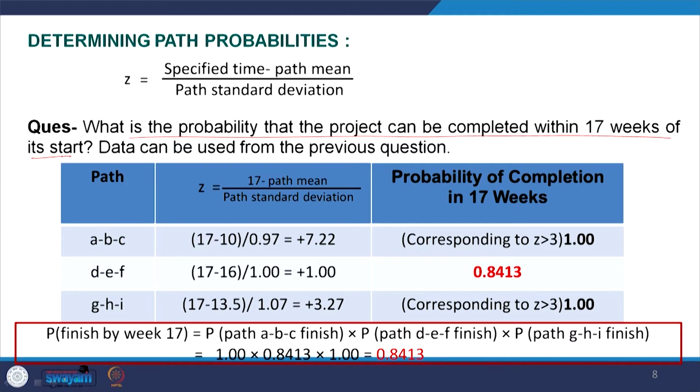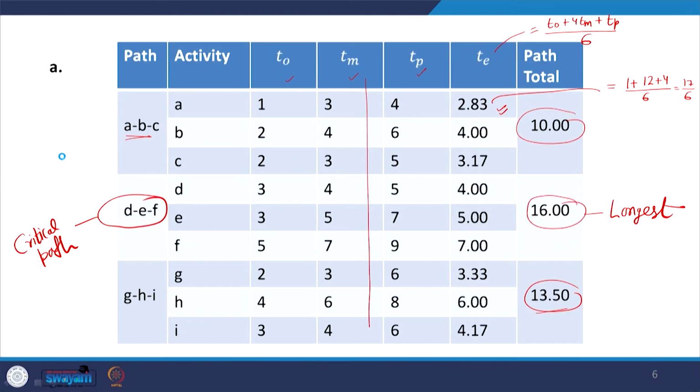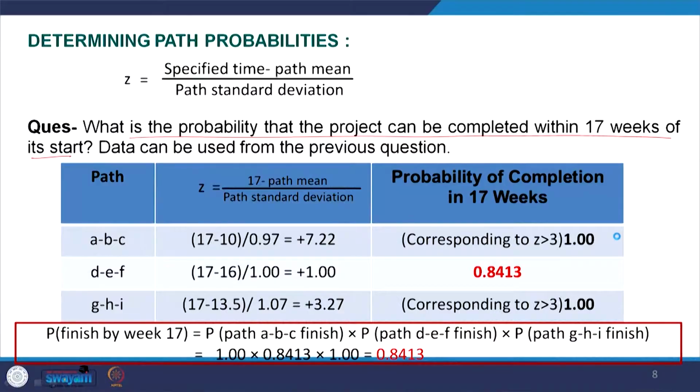For that purpose, let us see, the critical path was 16 weeks. According to this data, the project should be completed in 16 weeks.